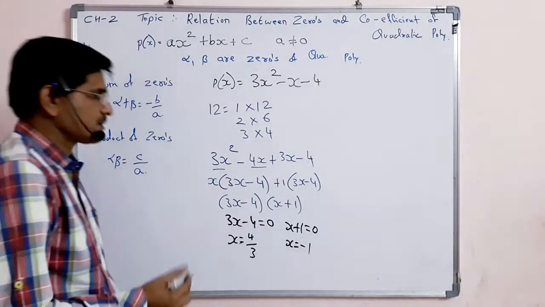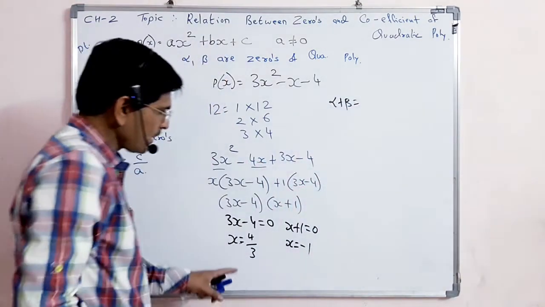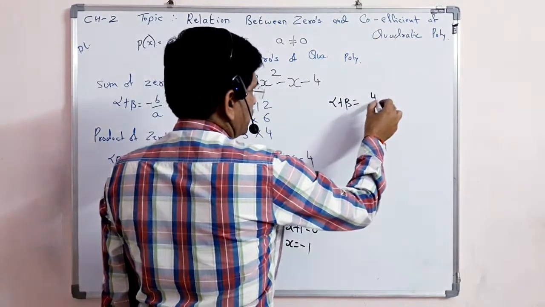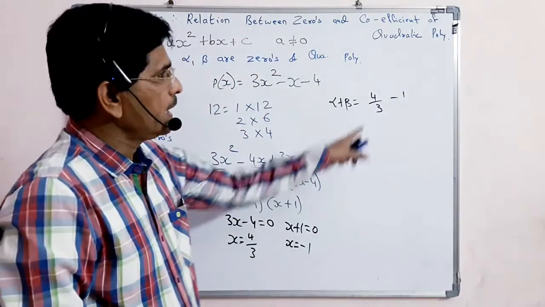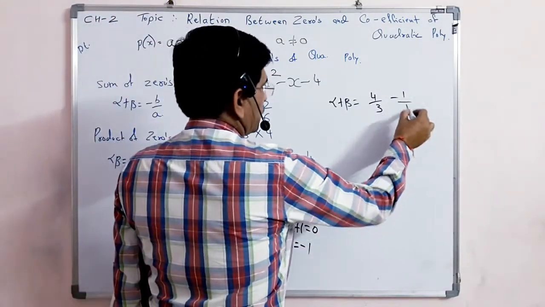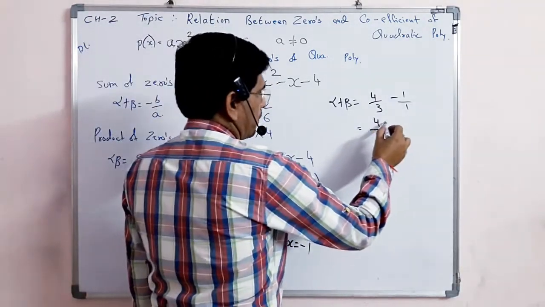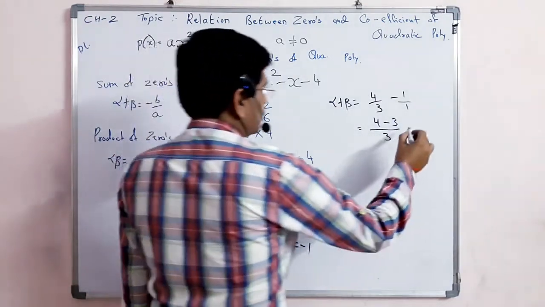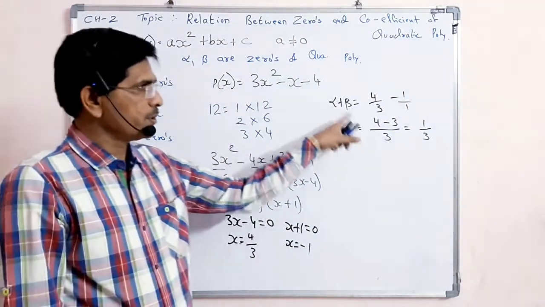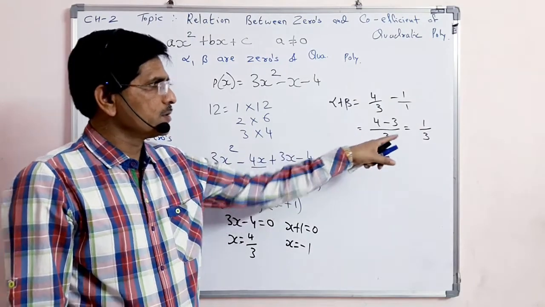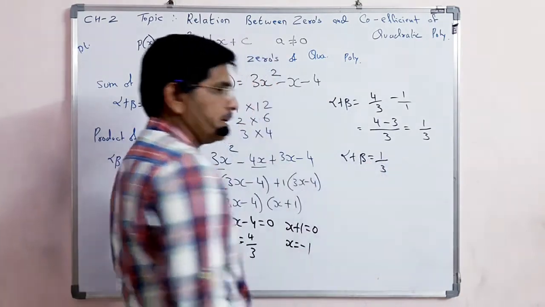Now if we find the sum of zeros, alpha plus beta is equal to 4 by 3 minus 1. We have to take the LCM to simplify. So over the LCM 3, 4 minus 3 is equal to 1 by 3. It means the sum of zeros, alpha plus beta, is equal to 1 by 3.